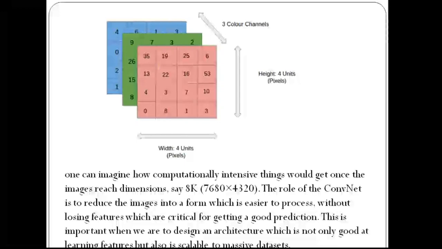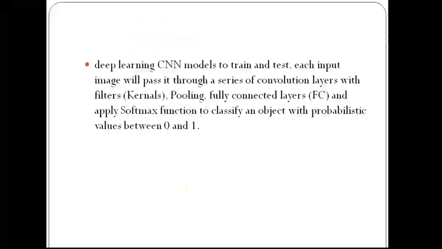So blue, green, and red, these are the 3 channels. So we have the depth of the image, the width of the image, and the height of the image. So the number of calculations is around 8K in this. So we need to reduce this computation. That is why we are using the convolutional net.